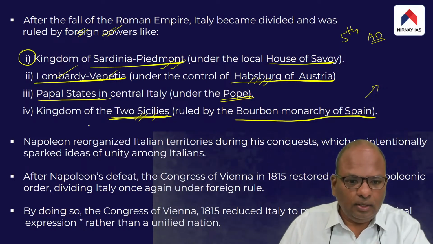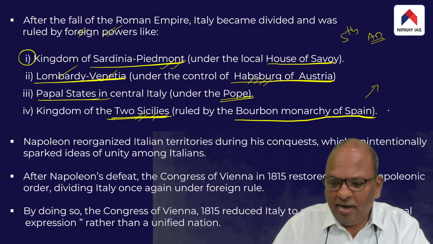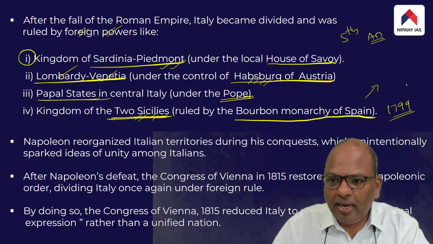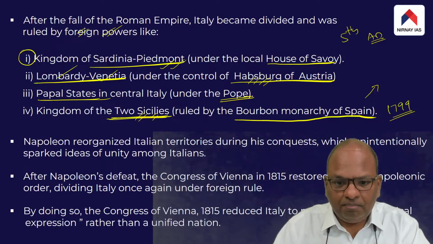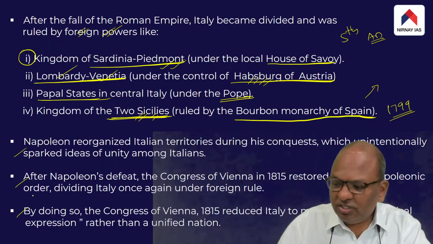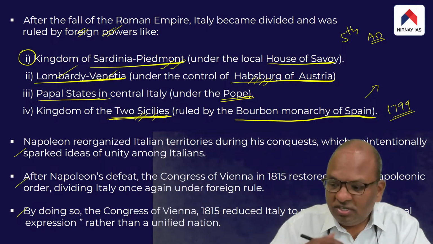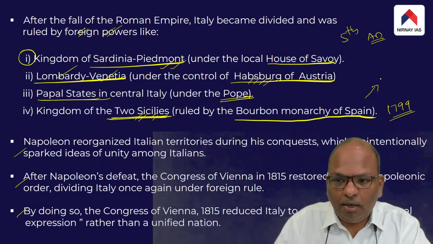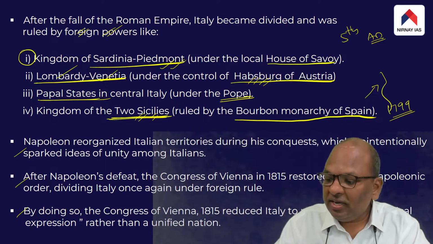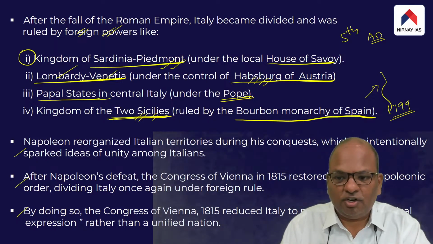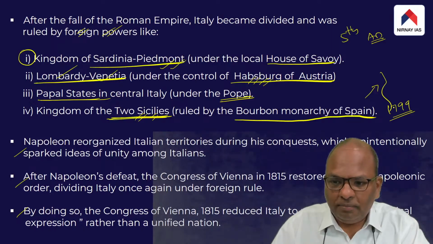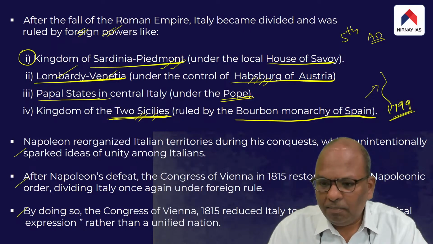Towards the end of the 18th century AD, in 1799, Napoleon became the French ruler. Napoleon carried out many invasions on Italy. It was Napoleon who defeated most of these foreign rulers who were ruling Italy and brought the entire Italian speaking territories under his control. Let me repeat. Napoleon became the French ruler in 1799. Napoleon was a very, very powerful ruler.